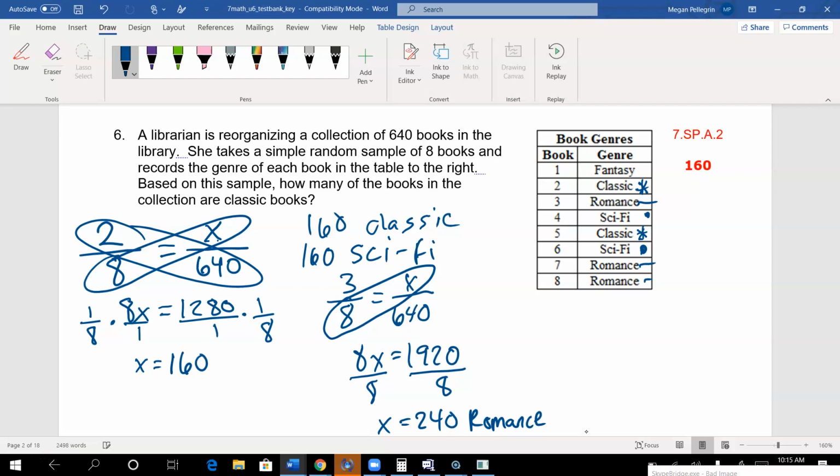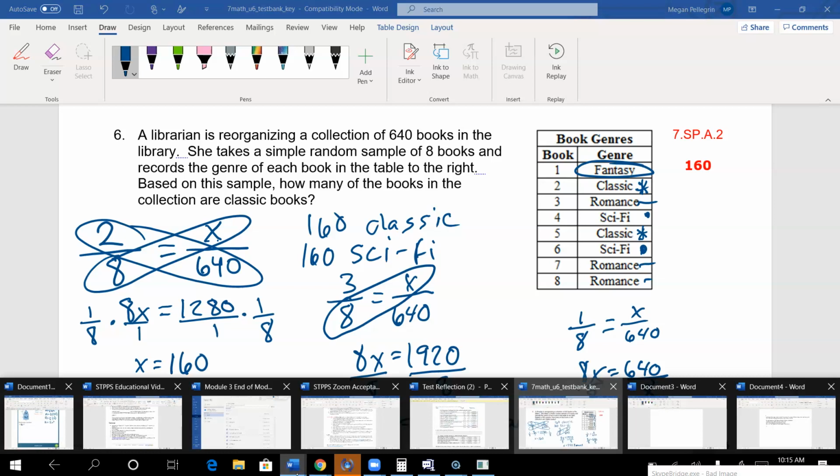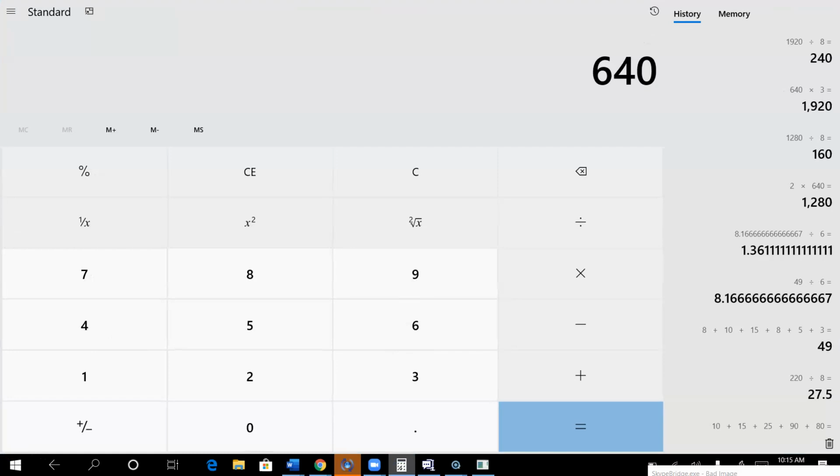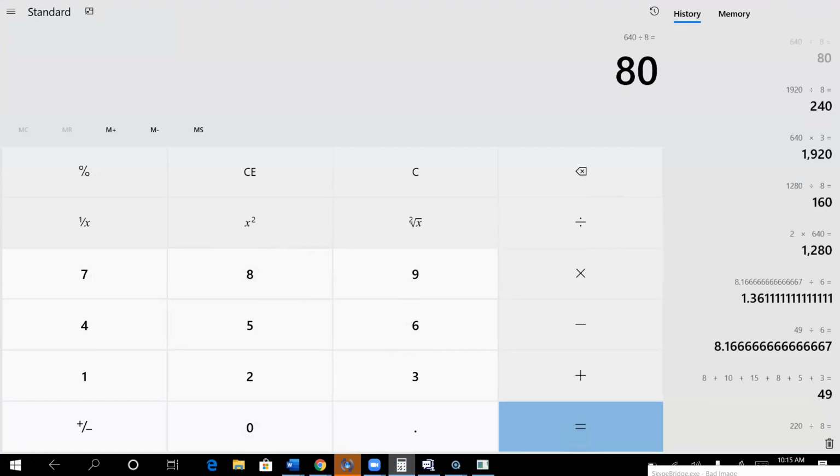And finally we had 1 fantasy. 1 out of 8 equals x out of 640. So 8x equals 640. So we're going to do 640 divided by 8, which gives me 80.